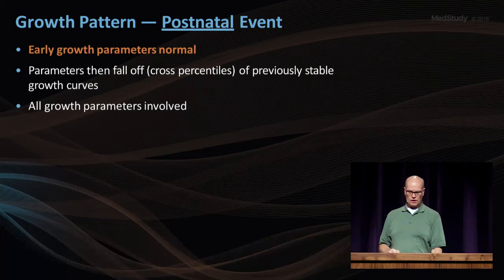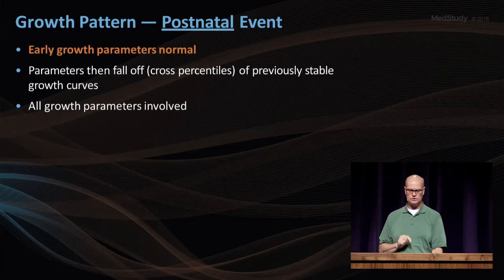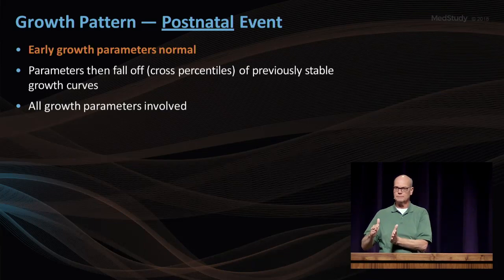So starting off the growth parameters as normal and then changing is equivalent to a postnatal event, again affecting all 3 growth parameters. So both prenatal and postnatal affect all 3 growth parameters, but the difference is when the percentile crossing begins.